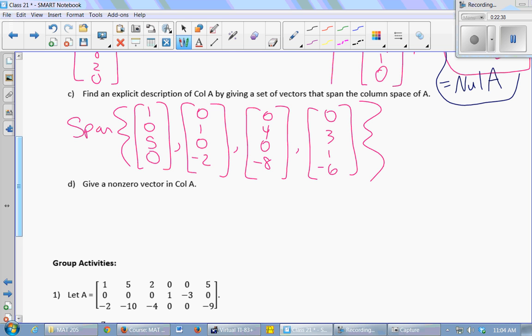That's just the definition of the column space, the span of the columns of A. So writing a description of that space is much quicker than writing a description of the null space.